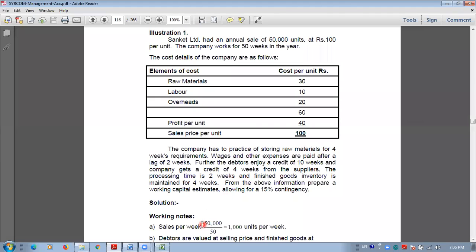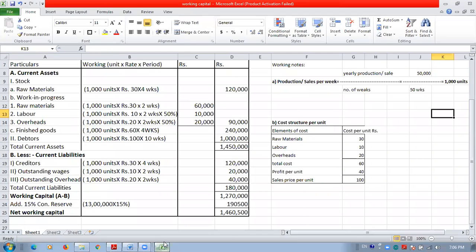So processing time means it is a work in progress. For these three items, we have considered 2 weeks, 2 weeks, 2 weeks. But we have also taken the 50% here. What is this 50%? As it is a work in progress, the production is still going on, it is not completed.